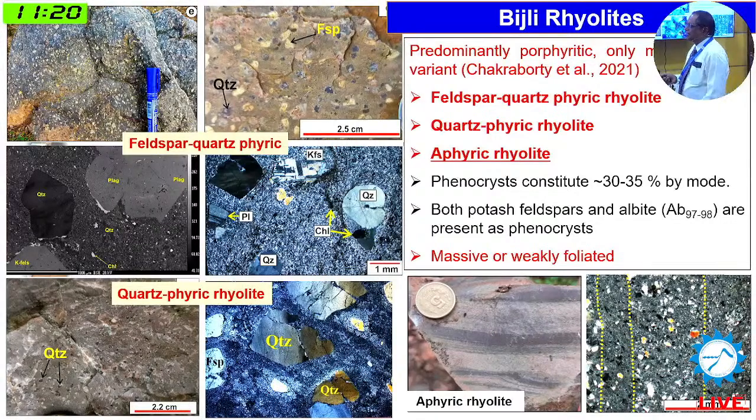Some variants have both feldspar as well as quartz phenocrysts, some have only quartz phenocrysts, and some have no phenocrysts. In the photomicrograph you can see a layering, and a few microphenocrysts are still there, only the scale varies. Largely these rhyolites are mostly phenocrystic, with phenocrysts almost 30–35% in modal proportion, and the feldspars are both potassic as well as sodic.